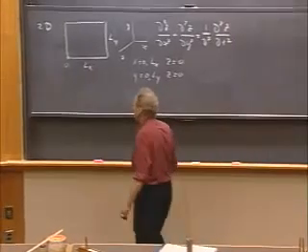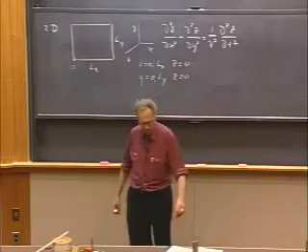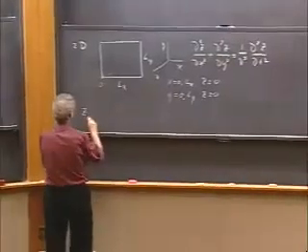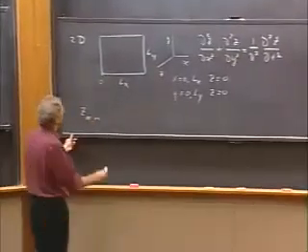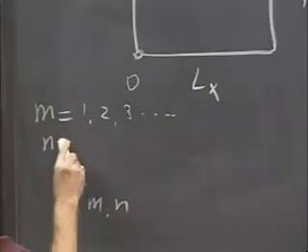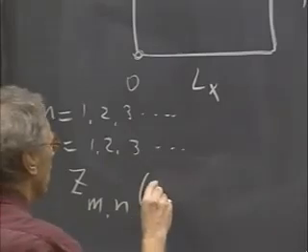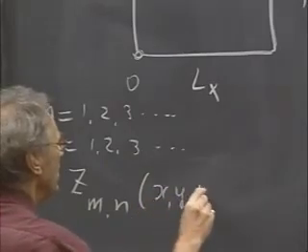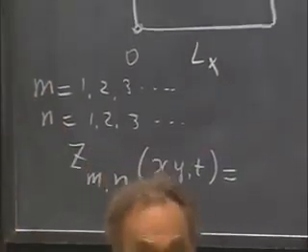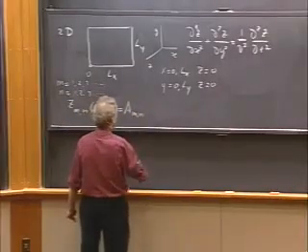Now you have to introduce two quantum numbers, if I call n Nancy and m a quantum number. So now you can get z, and now I have two integers that can change. So m now goes 1, 2, 3, etc. Nancy is 1, 2, 3, etc. And this is now a function of x, y, and t, it's two-dimensional. So I have to introduce some kind of an amplitude, which can be different for the different modes, m, n.